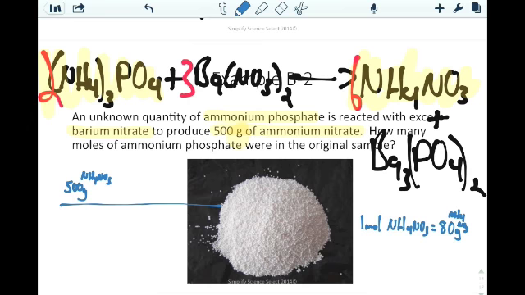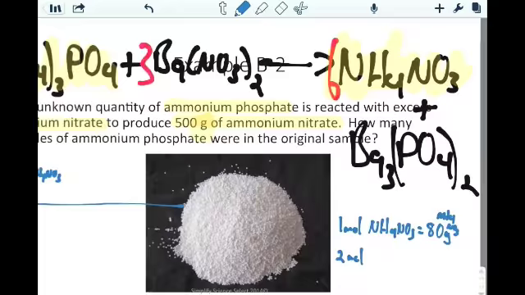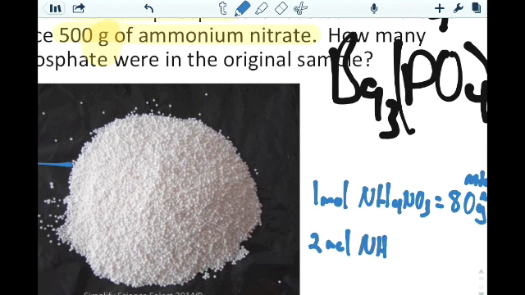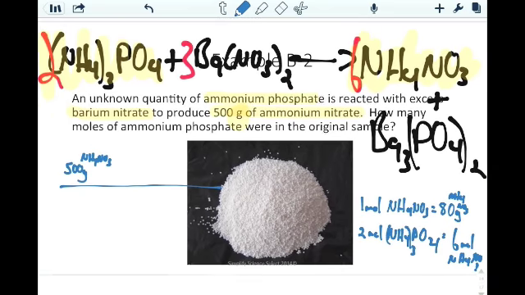So 2 moles of our ammonium phosphate equals 6 moles of our NH4NO3.